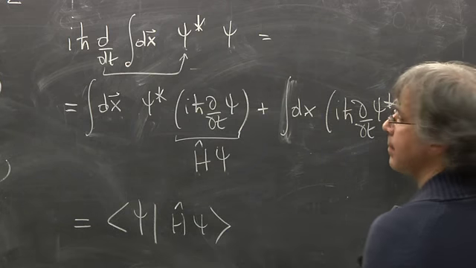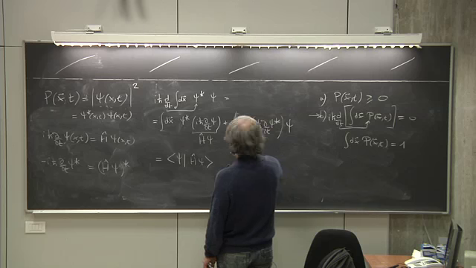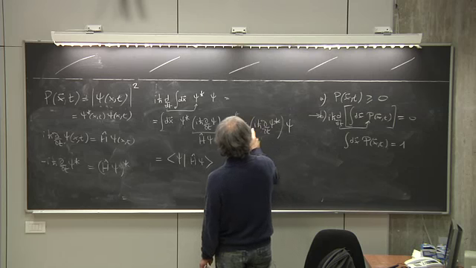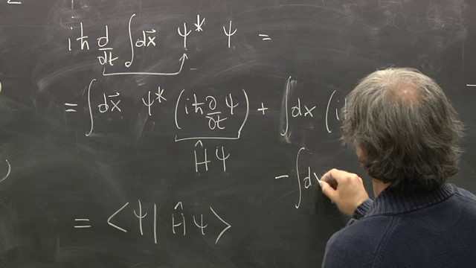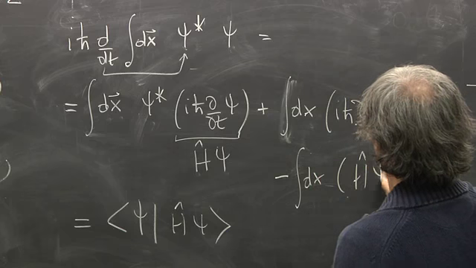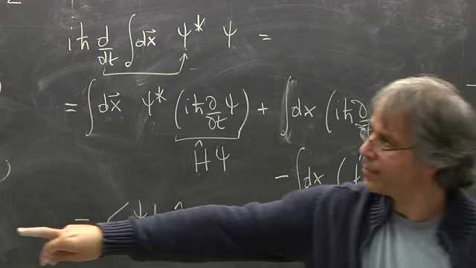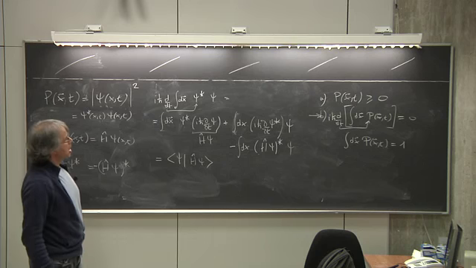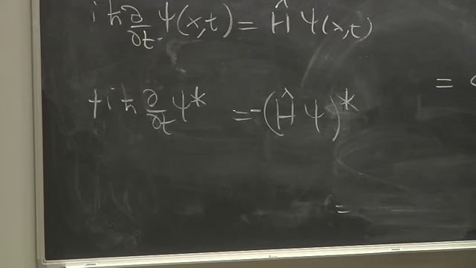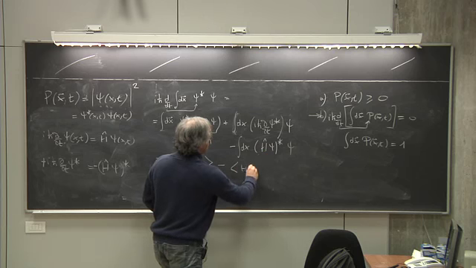This object here is simply minus H psi star psi. I copy from there. This is equal to minus h bar. And let's be fancy again. What is this? It's minus H psi, acting on the left, psi.